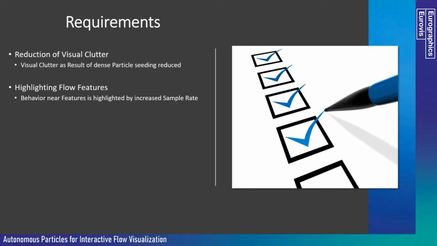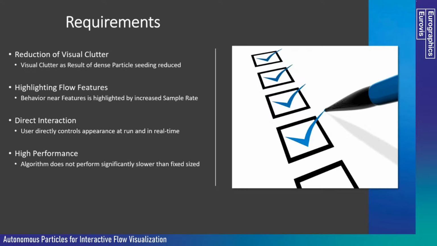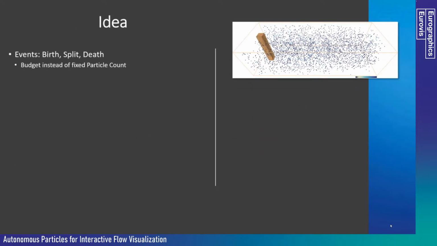As the next requirement, our particle system should allow for direct input, so direct interaction with the system itself should be possible at runtime and of course in real time. The last requirement here would be high performance, so our new algorithm should not perform significantly slower than a traditional approach.